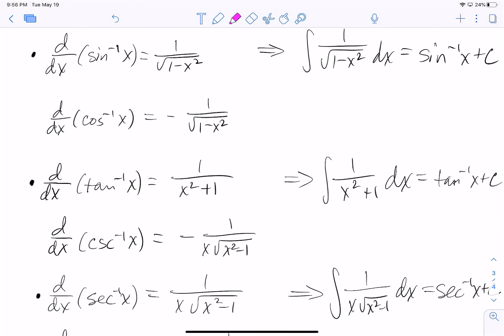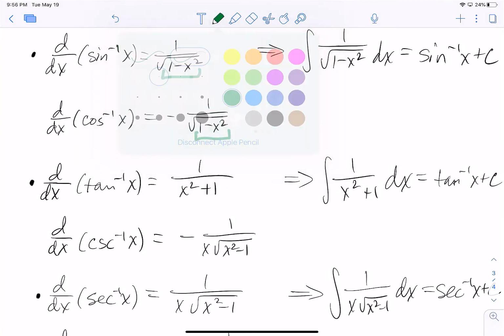I would like to point out that we do have restrictions on the values of x. As we pointed out earlier, for the inverse sine and inverse cosine, their derivatives are 1 over the square root of 1 minus x squared, and so x has to be in magnitude less than 1.